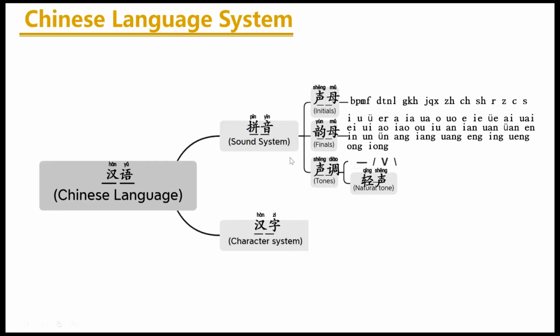The third part of pinyin is called 声调. We have 4 tones, which are called first tone, second tone, third tone, and fourth tone, 一声, 二声, 三声, 四声, and a neutral tone.